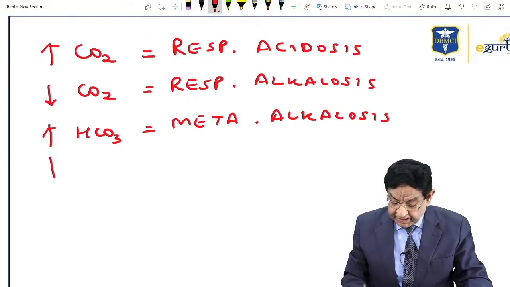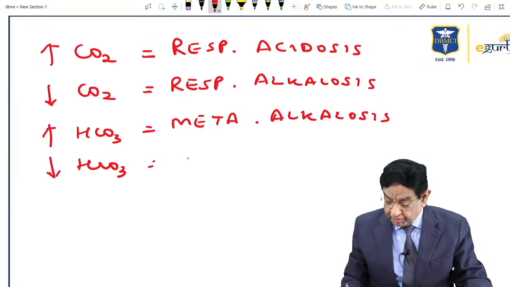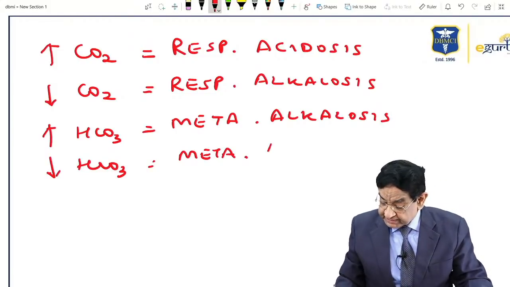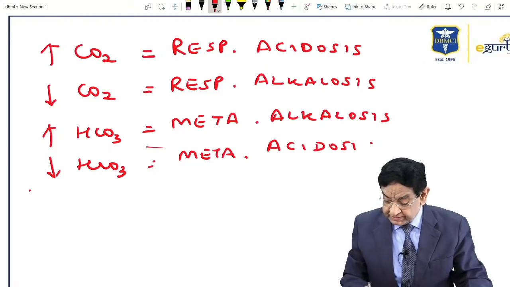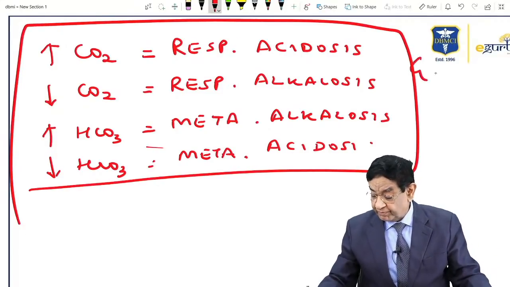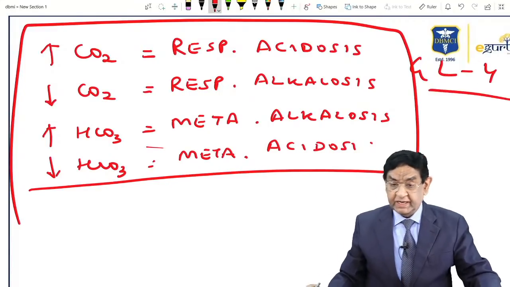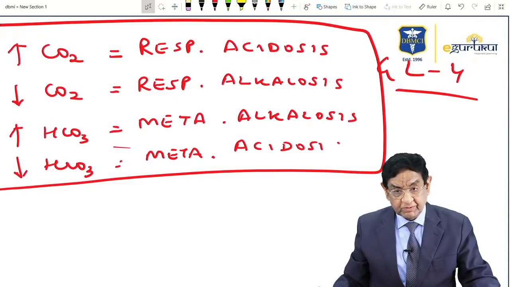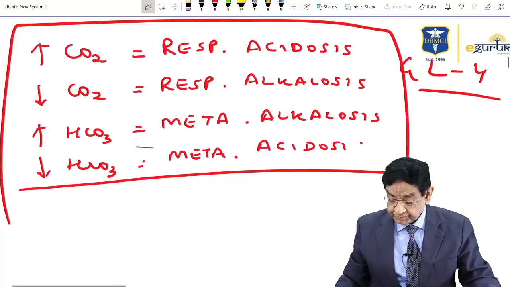And if the bicarb is reduced, so any problem of bicarb is metabolic, and loss of alkali leads to acidosis. Friends, this is the summary that you cannot forget, golden line number 4. It's golden line number 4. Okay, with this background, we move further.